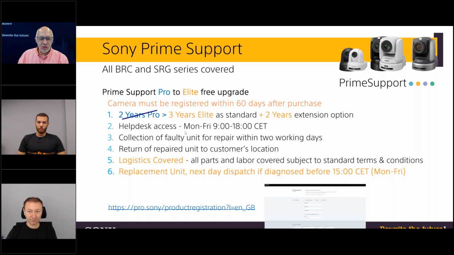This provides you a contact to the help desk from Monday to Friday from 9 to 6 p.m. European time, and we collect the faulty unit at your site free of charge within 2 working days. If the unit can't be repaired, we send you a backup unit to your location. When the unit is repaired, we return it to your location if necessary. If not, you can keep the new backup unit.